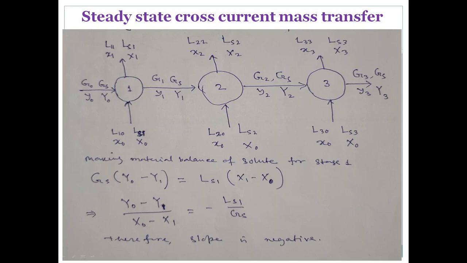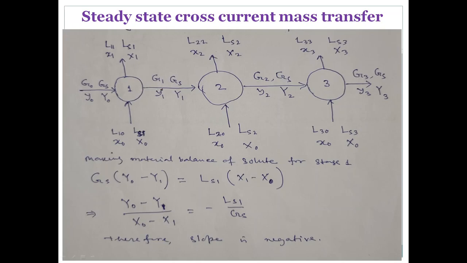So after the first extraction process, what will happen? LS, N-methyl pyrrolidone, will come because it is the inert flow rate, and some BTX will come here. So that corresponds. And if you take the mole fraction, L1 has some flow rate change and corresponding X1.